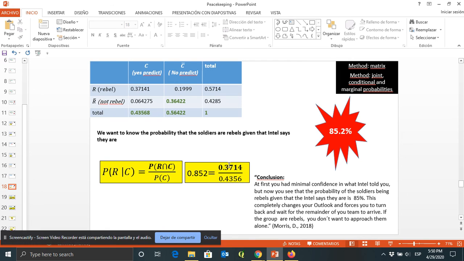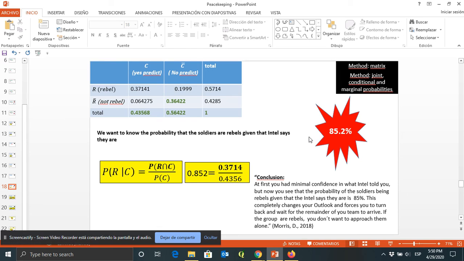If we make the division, 0.3714 over 0.4356, we get the answer 0.852, or 85.2%.